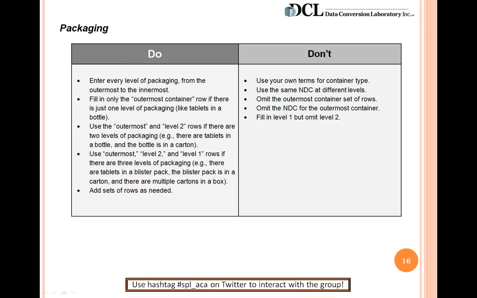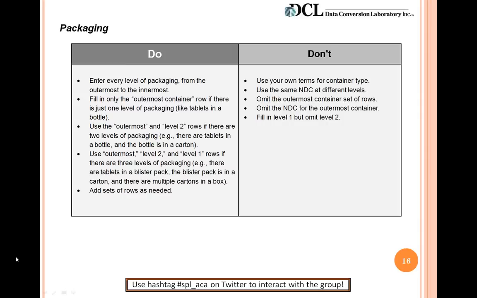And so if you have 1234-1234-55, and that's what your outermost container is, that's the only place you can do it, on the outermost container. Don't omit the outermost container set of rows if needed. Okay, don't omit the NDC for the outermost container. The outermost container must contain an NDC.